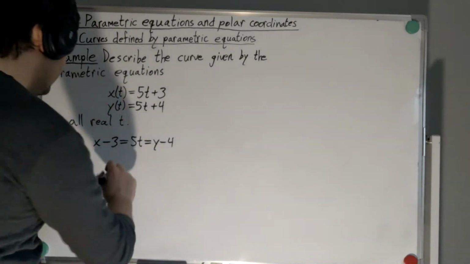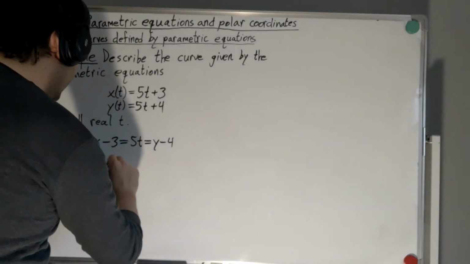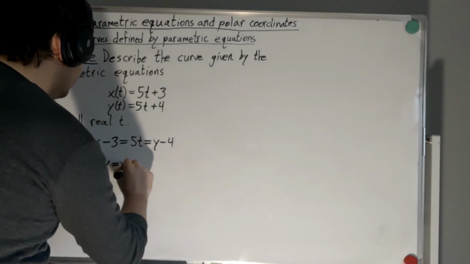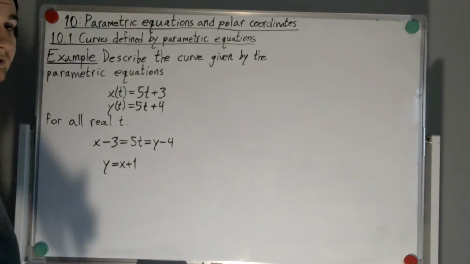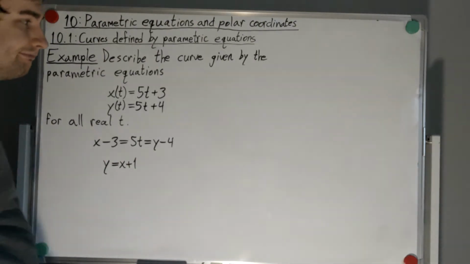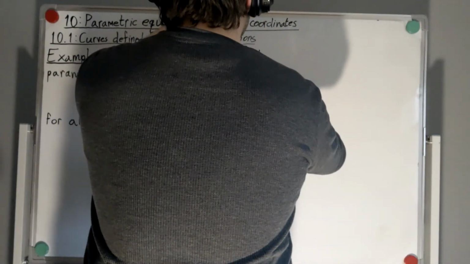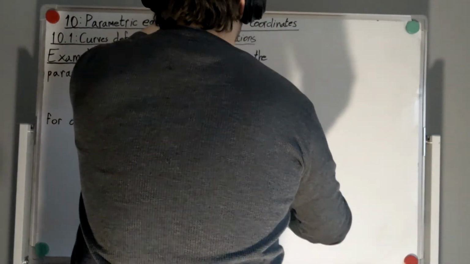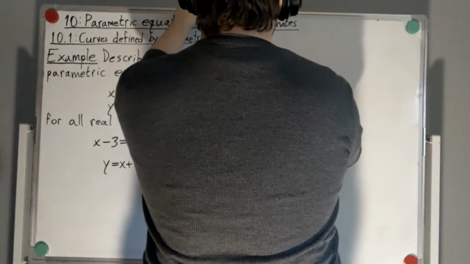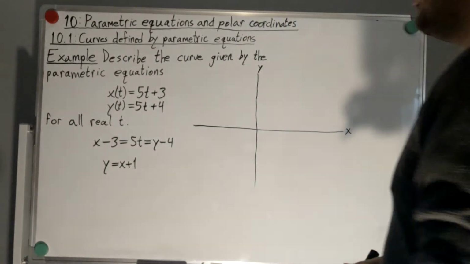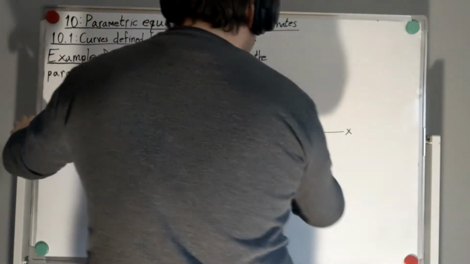In other words, y equals x plus 1. So this is a certain line. It's just the line with a slope of 1, y-intercept of 1.